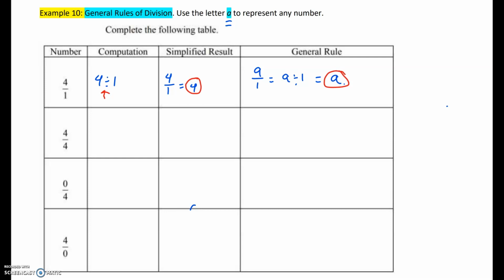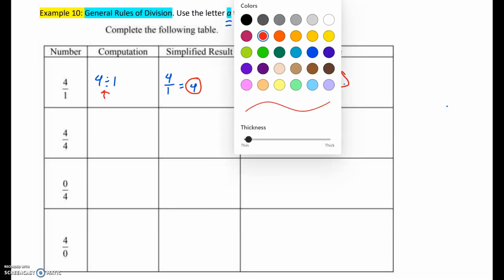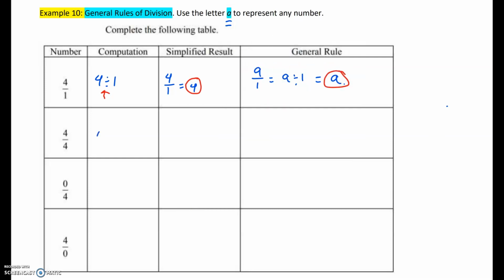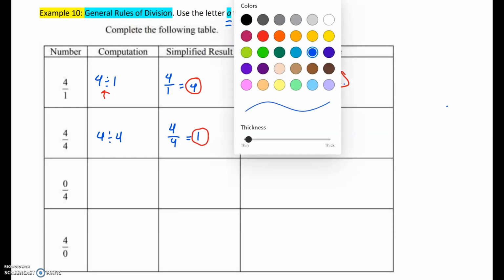Now, on the second one, 4 divided by 4, the computation is just a simple division. So we're just going to rewrite it as 4 divided by 4. Simplified result: 4 divided by 4 is equal to 1. The actual rule in division deals with a number divided by itself, other than 0.